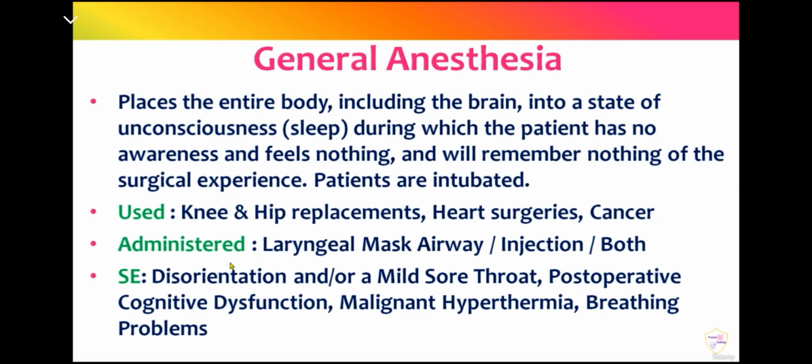Now, administration. General anesthesia is administered with the laryngeal mask airway, injection, or both. Remember, we did inhalational anesthesia in general anesthesia as well as injectable or intravenous or the combination. It's the same. So, laryngeal mask. In the first opening slide, I explained that there was a lady where you can see that the patient had a mask placed on her face.